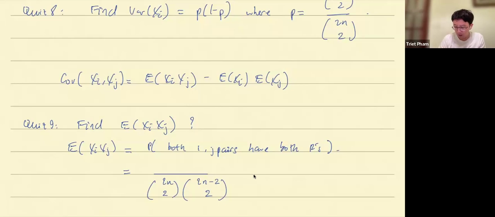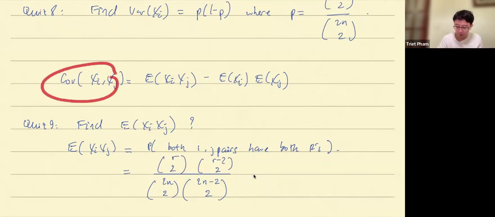And now how many ways can they both be reds? Well, it is r choose 2 for the first pair, and then r minus 2 choose 2 for the second pair. And that's exactly the expectation of the product.